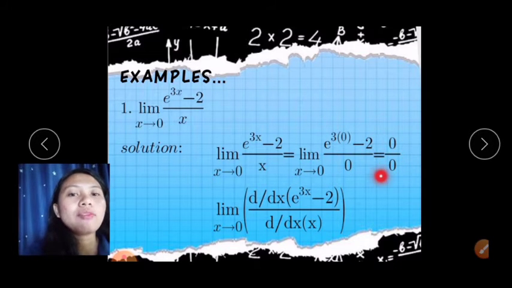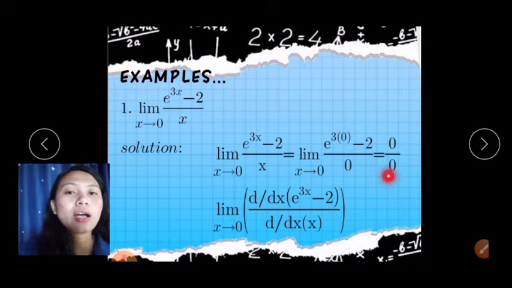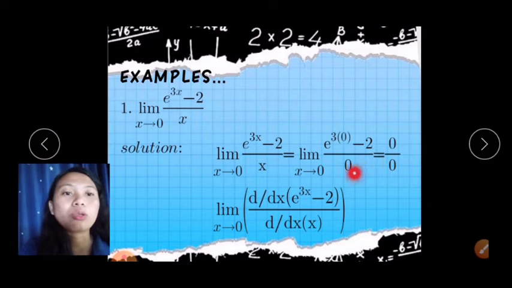So we have an indeterminate form. When we substitute 0 into our given, the result is 0 over 0, which is a type of indeterminate form. So since the answer is an indeterminate form, we will use L'Hopital's rule.